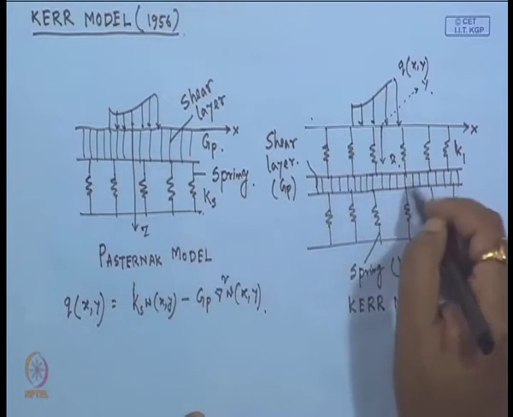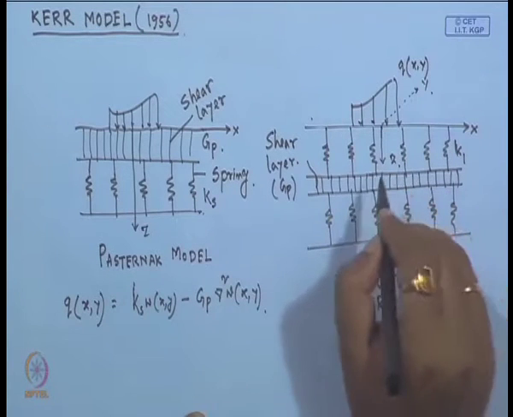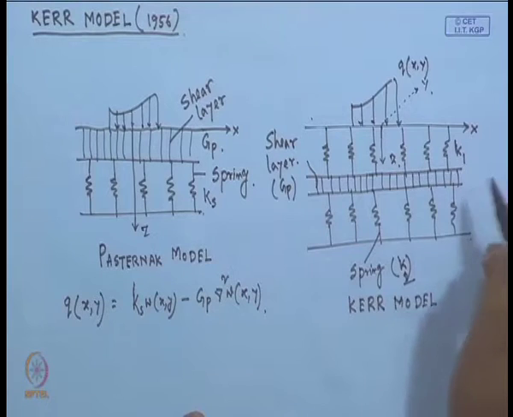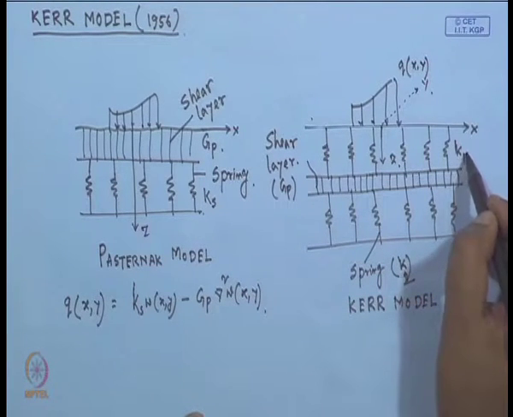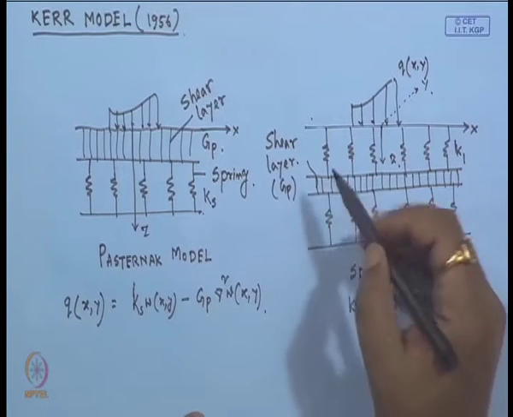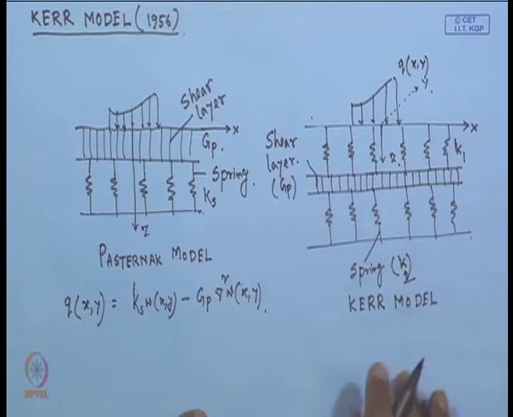Here the shear layer is used in between two springs to connect them, with different spring constants. So, K1 and K2 are the spring constants and G is the shear modulus of the shear layer.